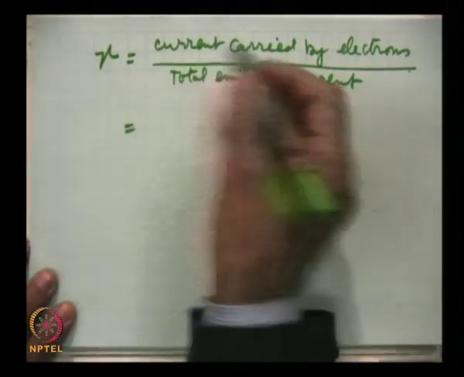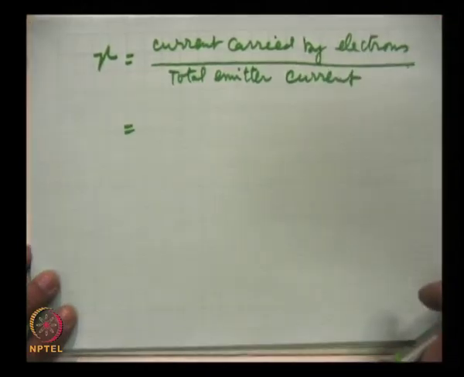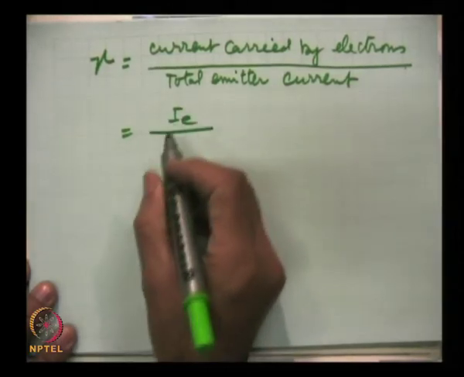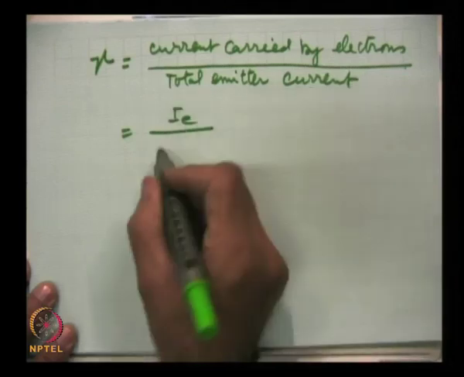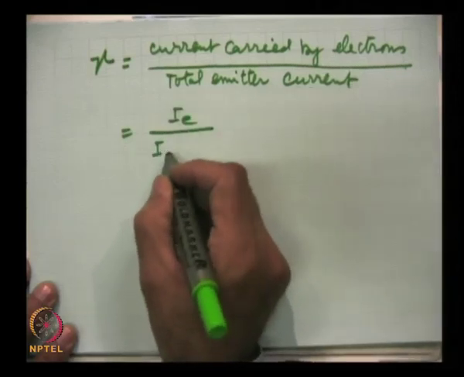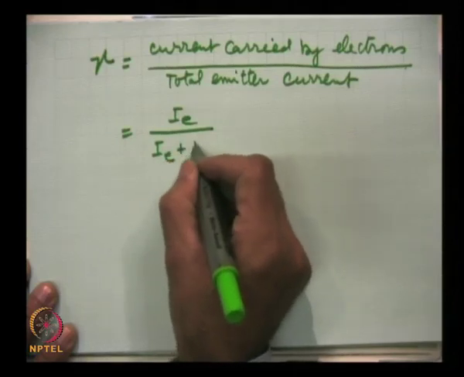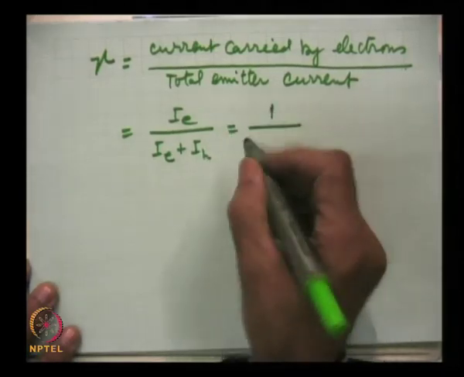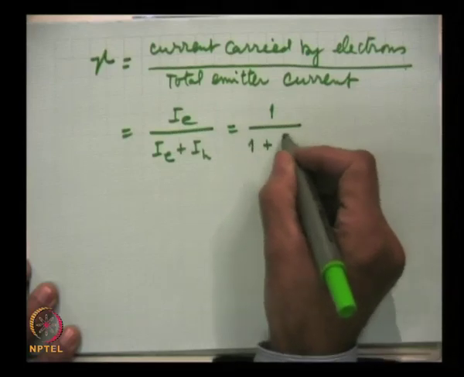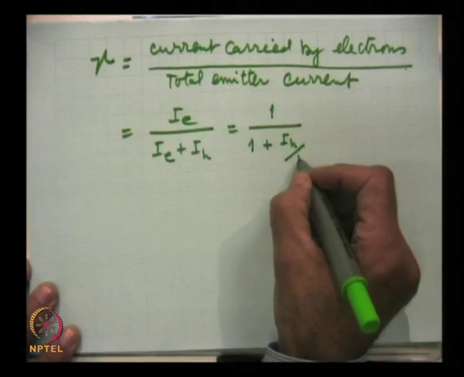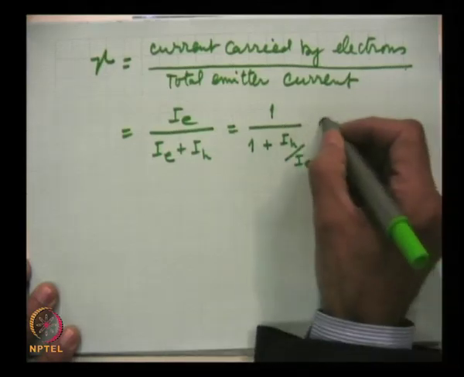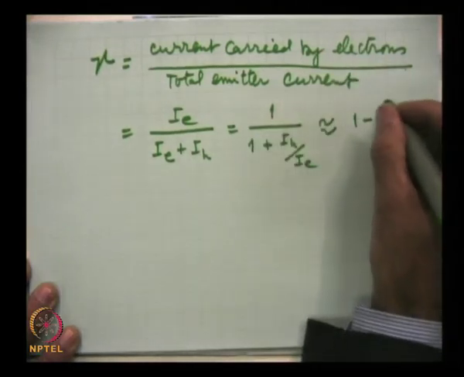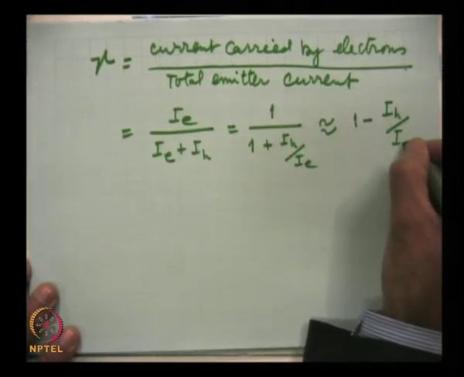And this electron component of the emitter current we write as IE, and the total current has two components, the electronic component, this we have discussed earlier, and the hole component, and this can be written as 1 over 1 plus Ih by Ie, hole component and electronic component, which can be approximated if we expand it, then this will be 1 minus Ih by Ie.